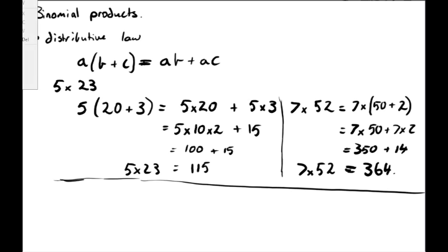The problem, however, comes when we're multiplying a two-digit number by a two-digit number. So let's say 23 times 42. You could still work it out the same way, 23 times 40 plus 2.